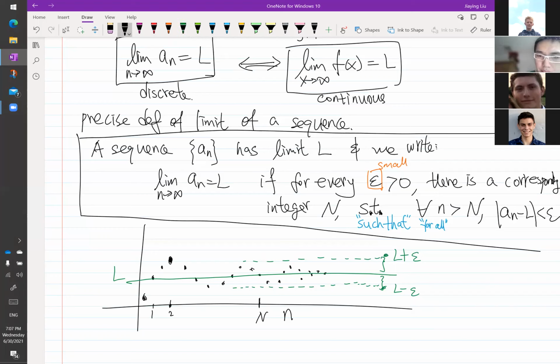So let me label this. Each of these points here just means a_n. So that's what that definition says.